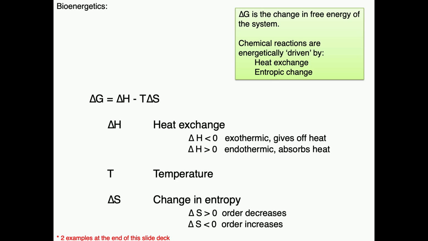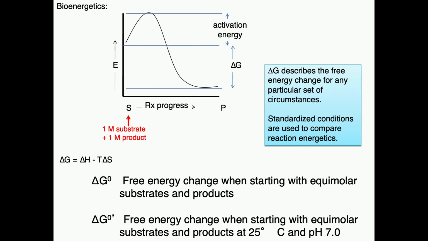Now, there's a specific set of conditions that are standardized that we call the delta G0 prime conditions. And the delta G0 prime is where we measure the energy change of a reaction under very specific conditions of equal concentrations of the product and the substrate.